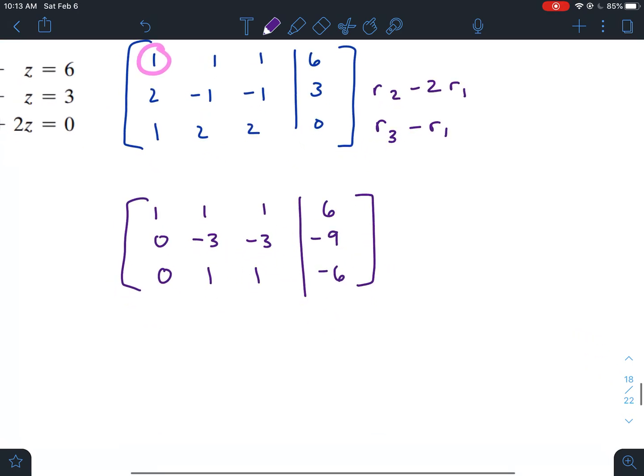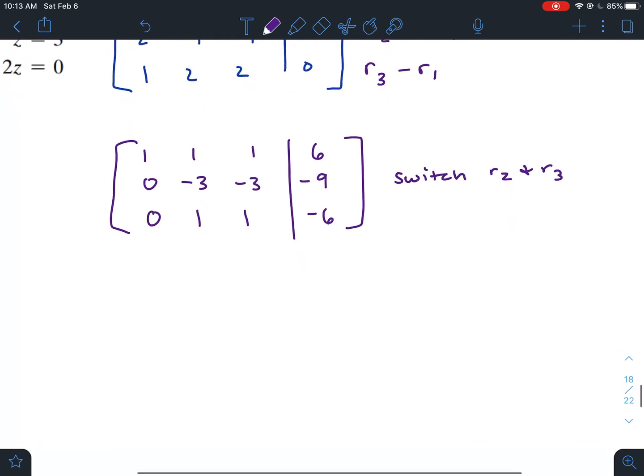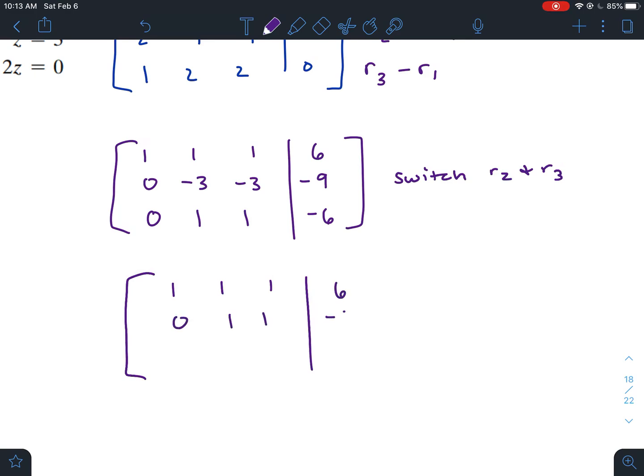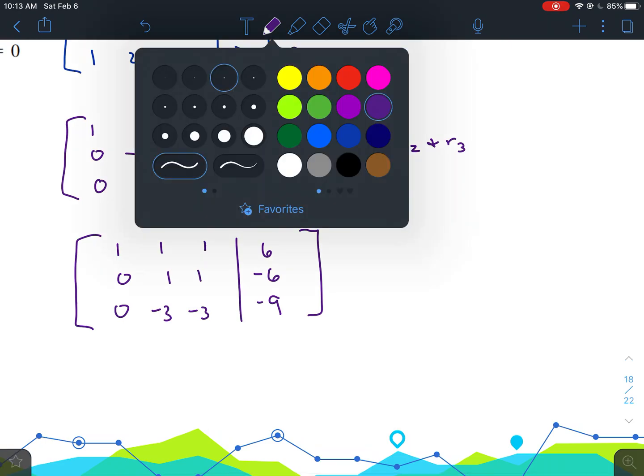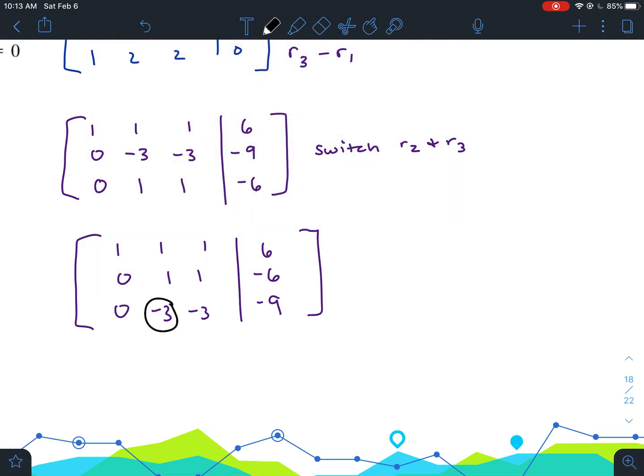Now I need a 1 in the second entry of row 2, so I'm going to switch row 2 and row 3 to make that happen. And so I would get 1, 1, 1, and 6. I would get 0, 1, 1, and negative 6. And I would have 0, negative 3, negative 3, and negative 9. Now I need a 0 in that entry right here.